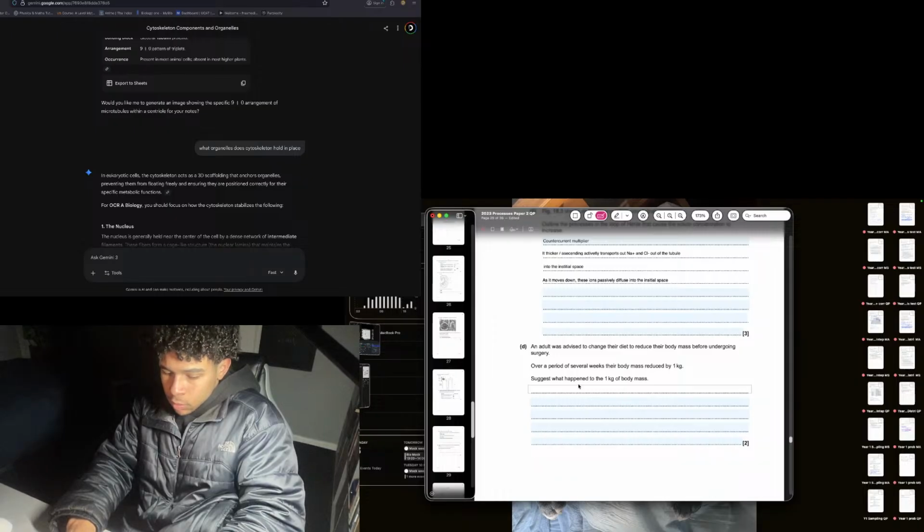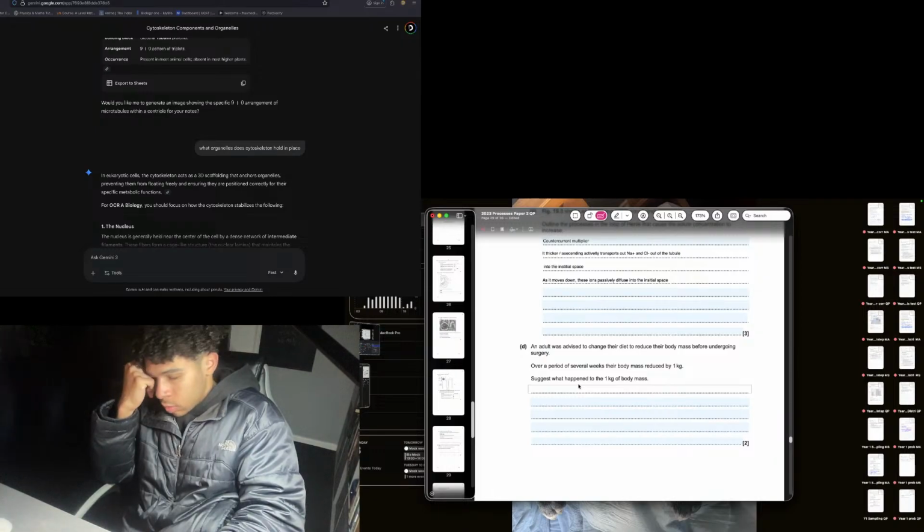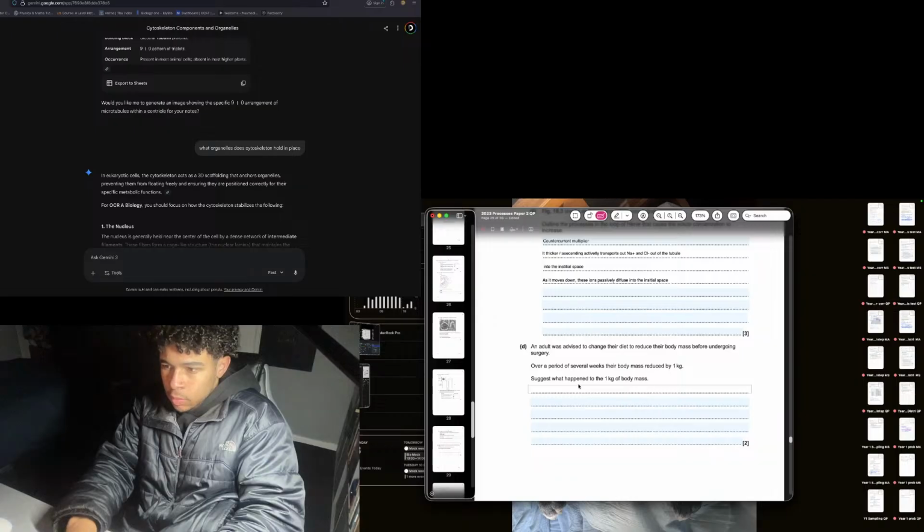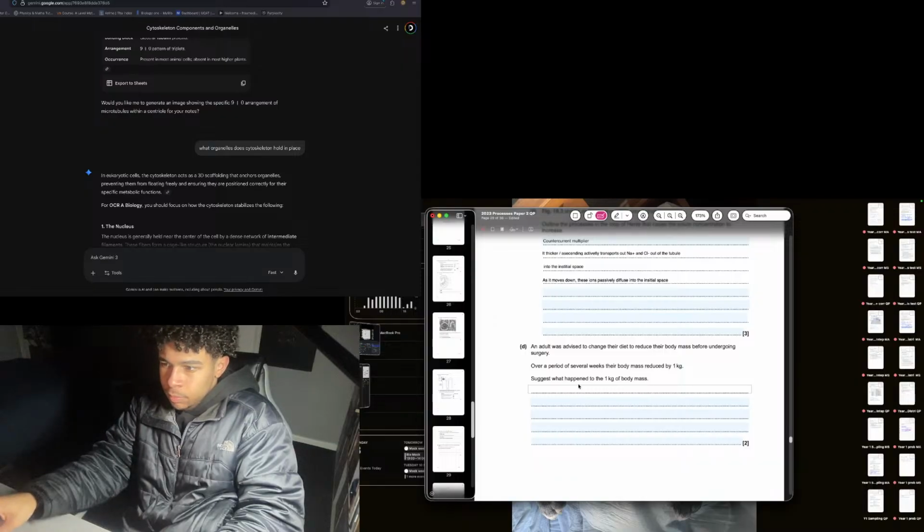Fat stores depleted, used up. Aerobic. Used for respiration. Used in respiration of mitochondria to produce energy.